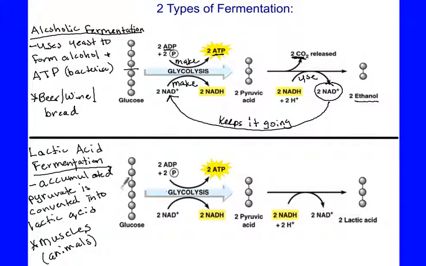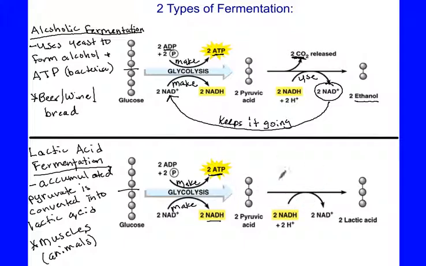So again, in our glycolysis process, we're going to split our 6-carbon glucose into 2 3-carbon compounds called pyruvic acids. Again, we're going to make our 2 ATPs, and we're going to make the NADH again. So here's our pyruvic acid.